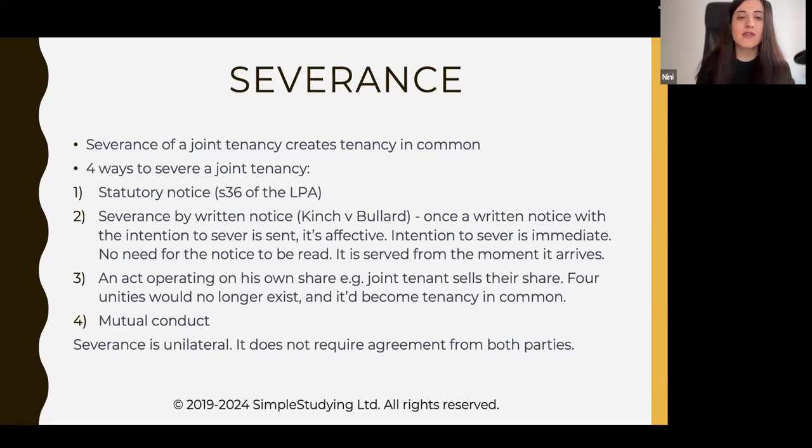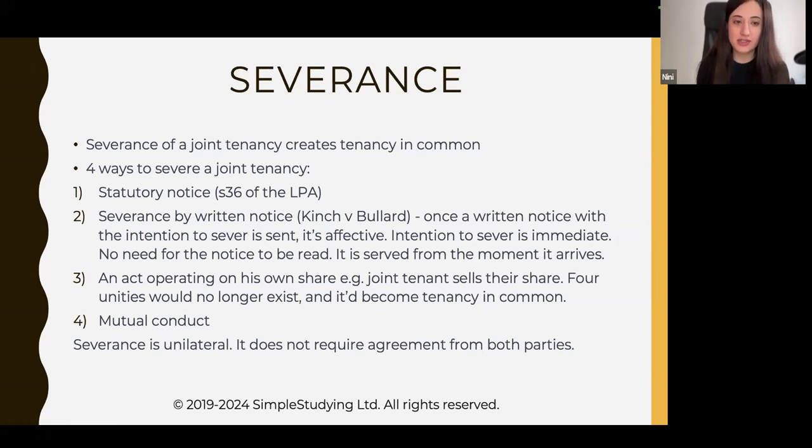Third way is an act operating on your own share. So, for example, if a joint tenant sells their share of the property, that's an act operating on their own share, and that would be severance. Because joint tenancy is owning the entire property together. There is no division. And if one joint tenant tries to divide it, that's already an intention to sever, and severance will be effective.